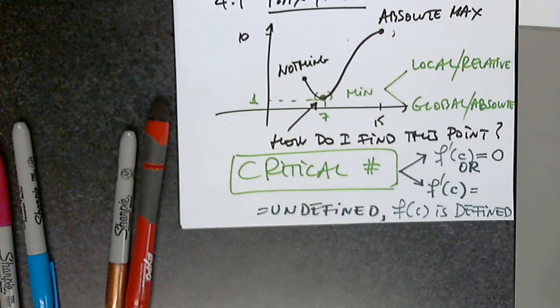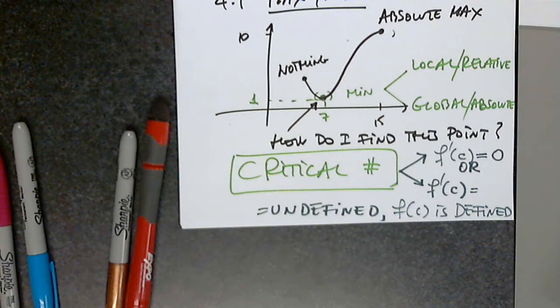Let's think of the square root of x. The square root of x has domain what? What is the domain of the square root of x? Greater than or equal to 0. Now differentiate the square root of x.